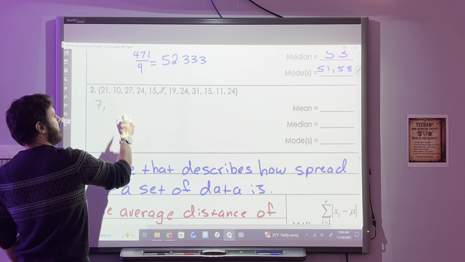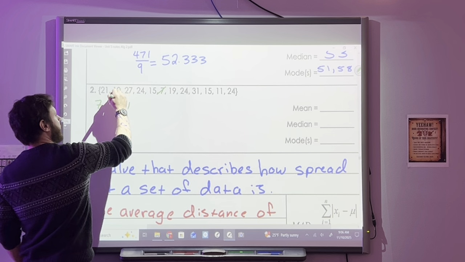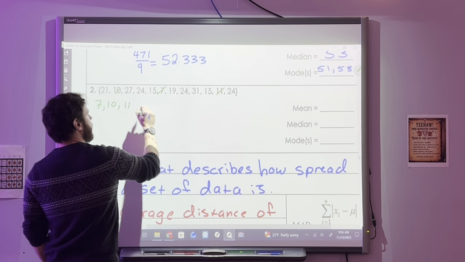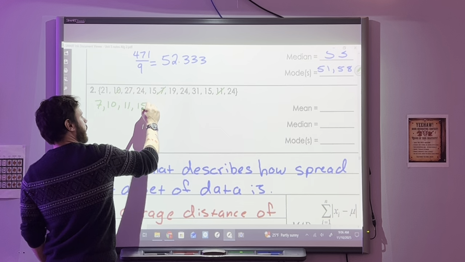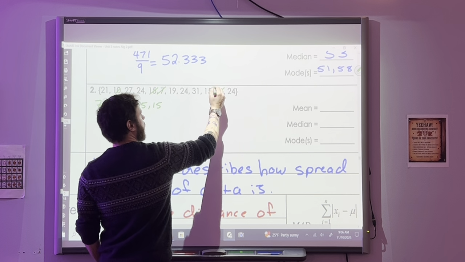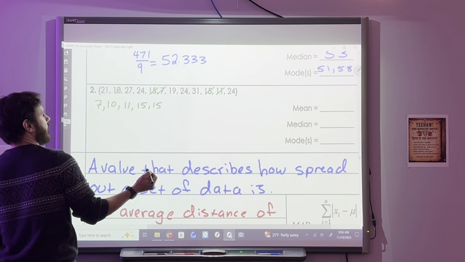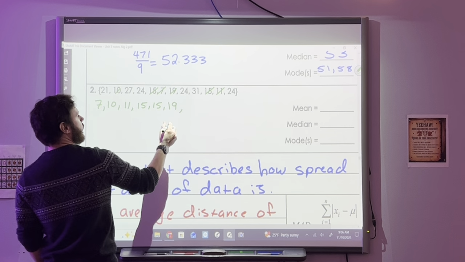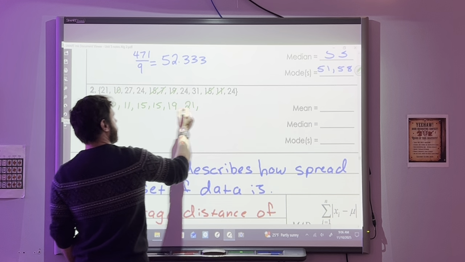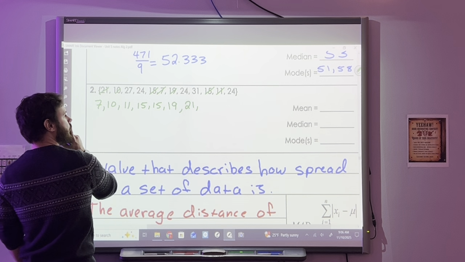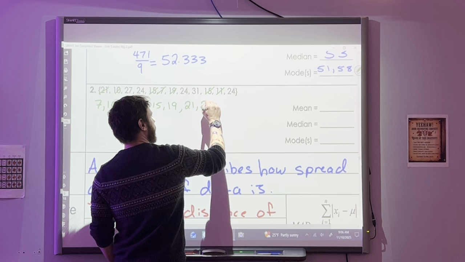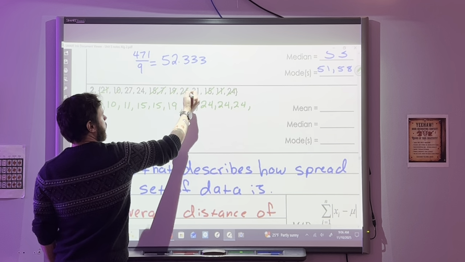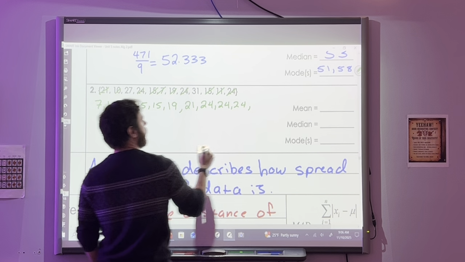And then I see a 10 and an 11. 2 15s. Got a 19. 21. 3 24s. 27 and then 31.